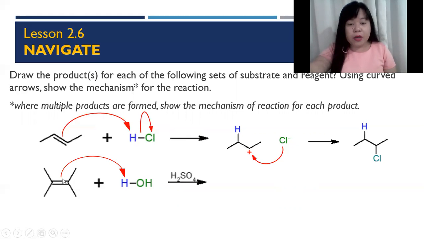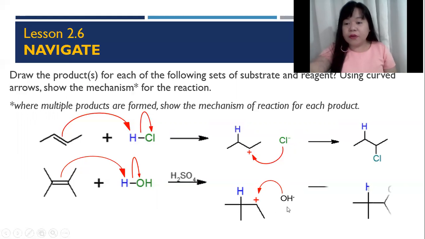The electrons from the pi bond here get attracted to this electrophilic moiety, and then there's a heterolytic bond cleavage forming a carbocation, and the remaining nucleophilic moiety involving a transfer of electrons and then forming the final product.